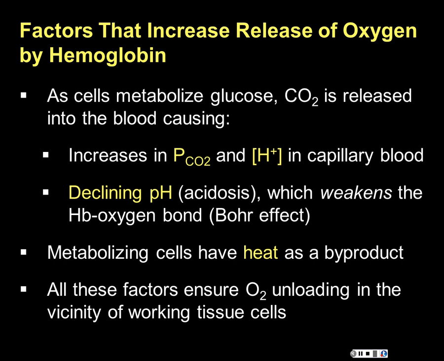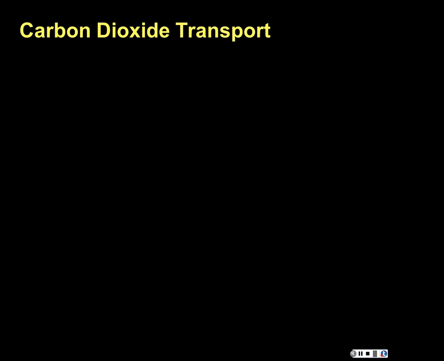So in metabolically active tissue, the factors change to allow for oxygen to unload to that tissue. What are the two ways in which oxygen can be carried in our body? Bound to hemoglobin or just dissolved in the plasma as molecular oxygen. What about carbon dioxide? How can we transport carbon dioxide? Dissolved as carbon dioxide.